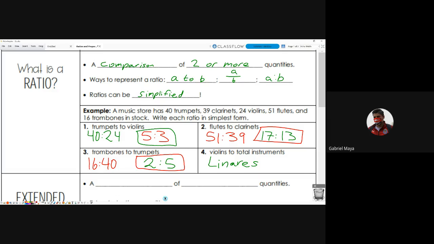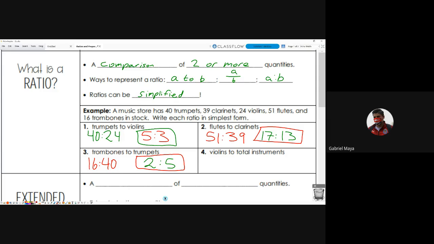And Linares, did you get number 4? Would someone like to steal this one from Kristen?